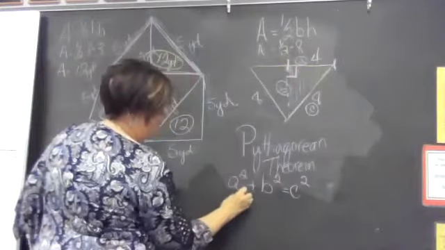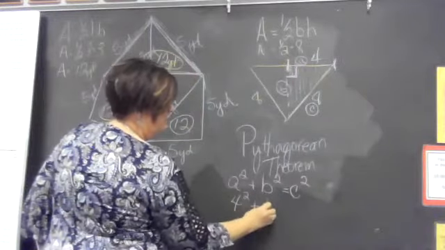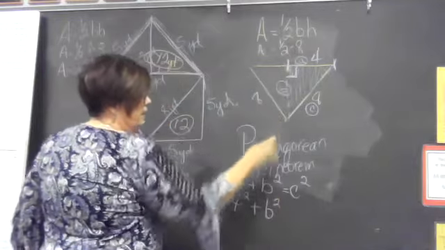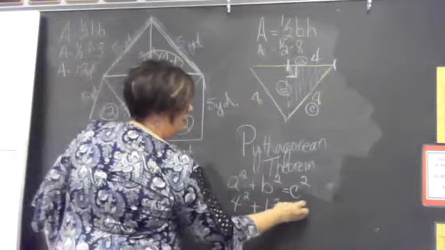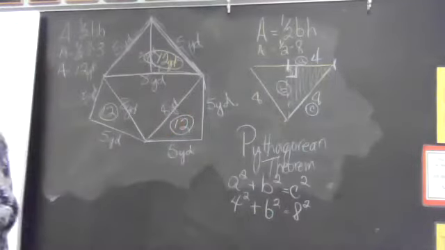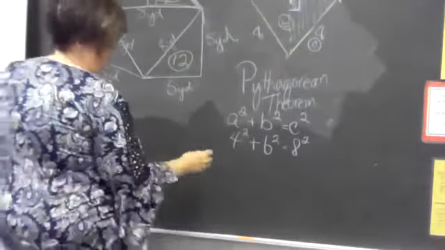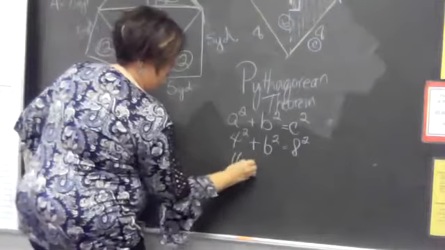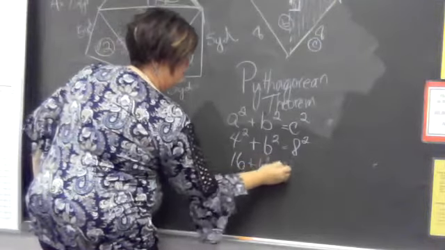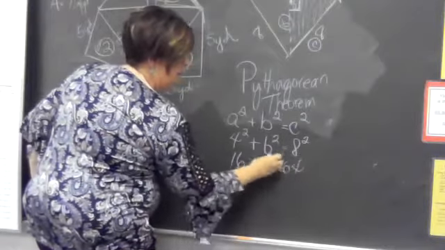I have 4 squared plus b squared, because I don't know the height. That's this one, what I'm trying to find, equals 8 squared. So we have 16 plus b squared equals 64.